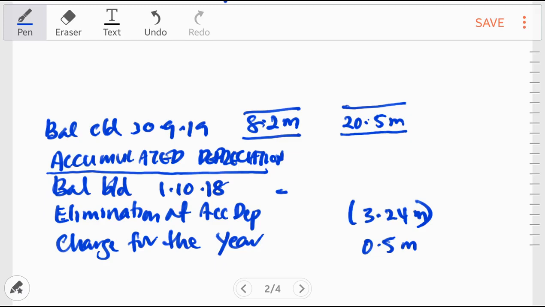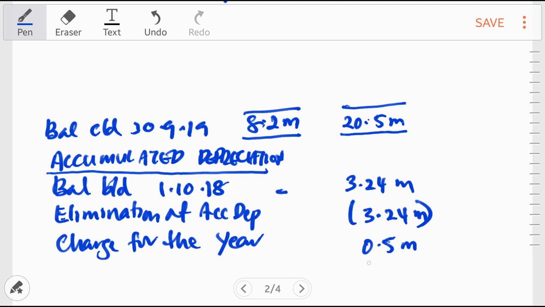What is the balance at the beginning of the year, you may ask? The balance is also 3.24 because that is what you eliminate at the beginning of the year. From your workings, you will see that the balance was 3.24 million. Because it was being revalued, all the balance on the accumulated depreciation pertaining to the revaluation must be eliminated. Okay, I hope that's clear.